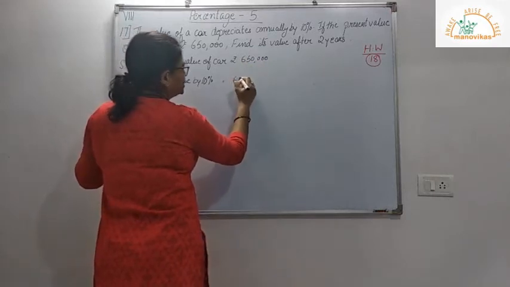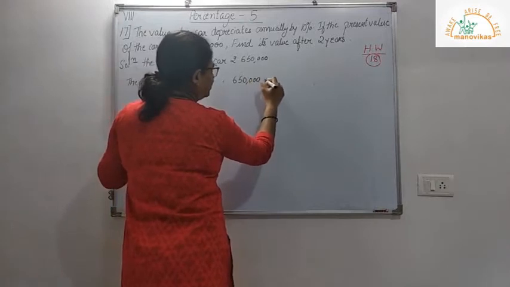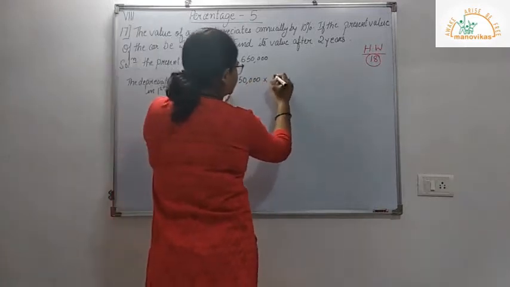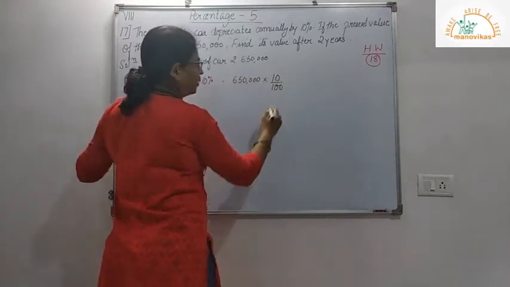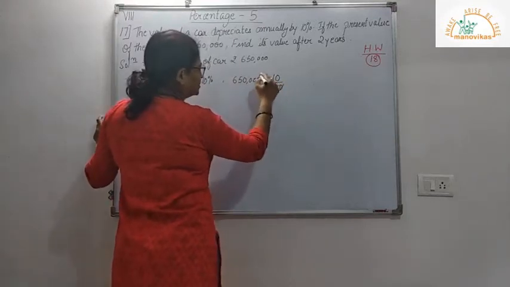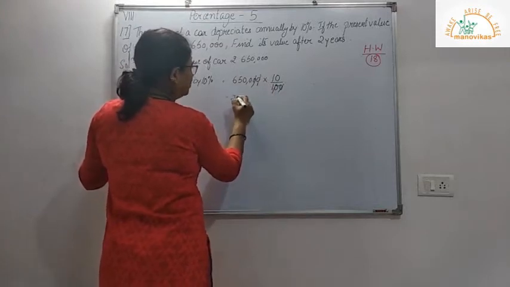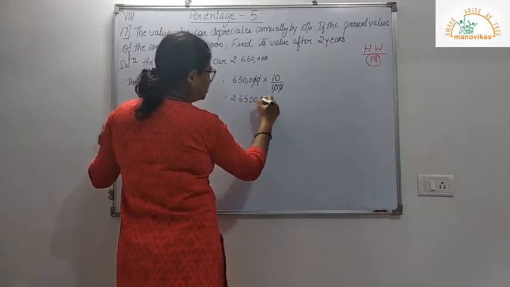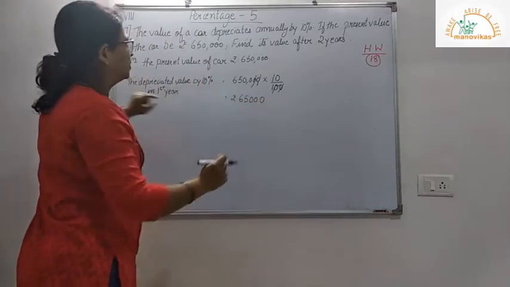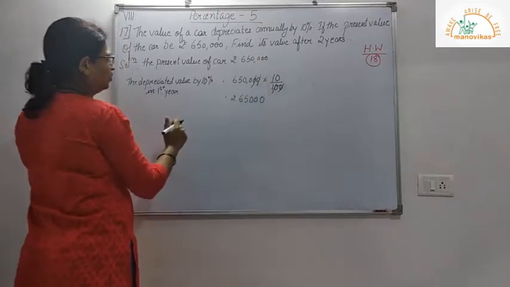So it is 6,50,000 into 10% of this, that is 10 upon 100. So whatever you can cancel it out, here I get it as rupees 65,000.